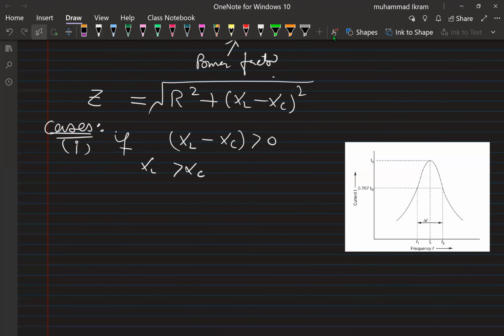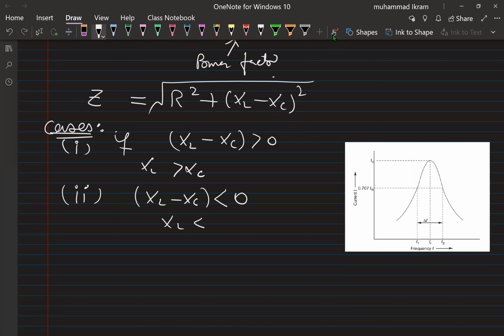The second important point: if XL minus XC is negative, less than 0, then what will happen?